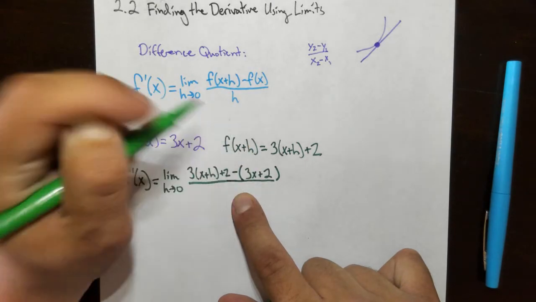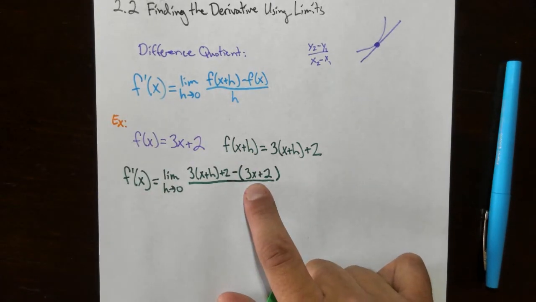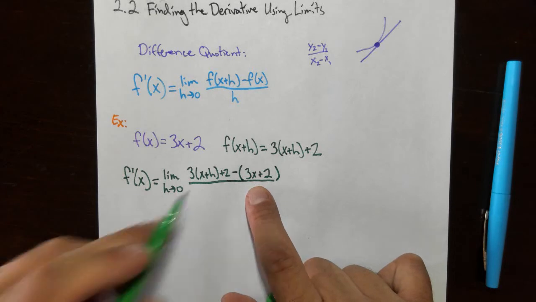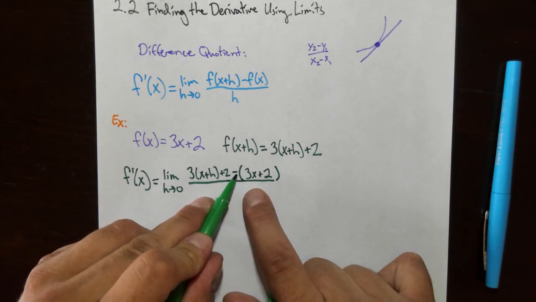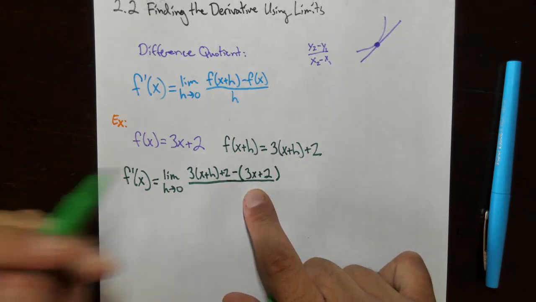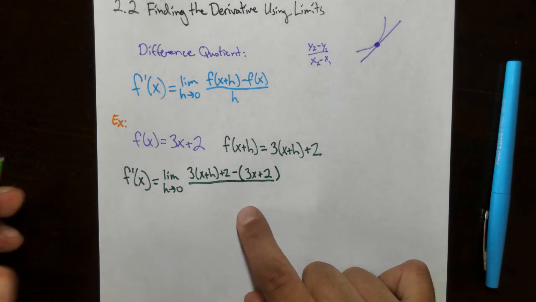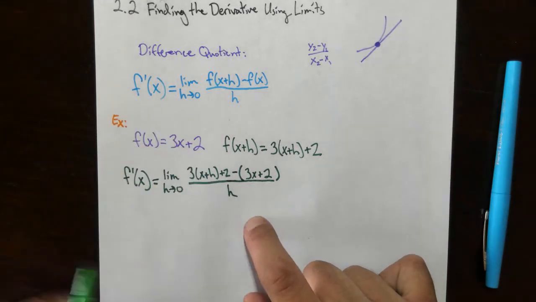And you might be wondering, well, why did you put that in parentheses? Well, the reason I put it in parentheses is because, very important, we need to distribute this negative here to both terms, or all terms if there are more than 2. And then all divided by h.